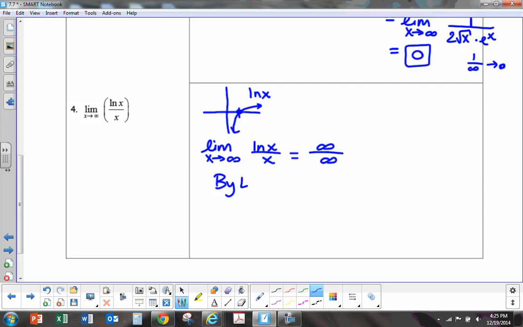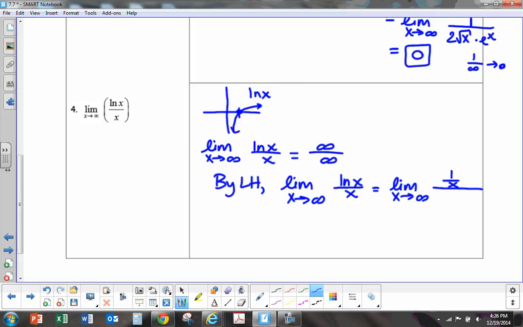So by L'Hopital's rule, that is a case where I could apply L'Hopital's rule. The limit as x goes to infinity of natural log of x over x is equal to the limit as x goes to infinity of 1 over x, because I differentiate the top. Derivative of natural log of x is 1 over x.